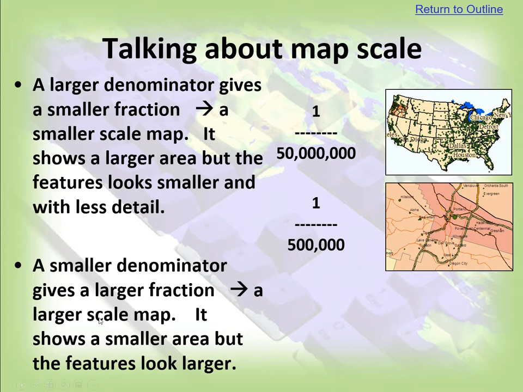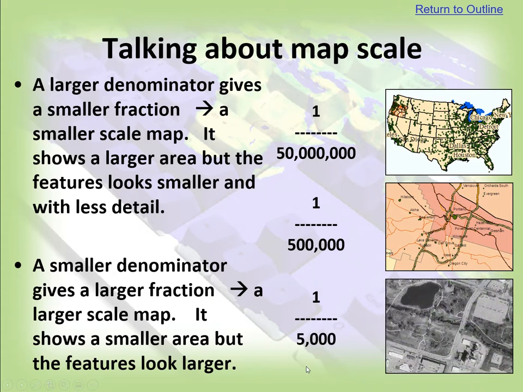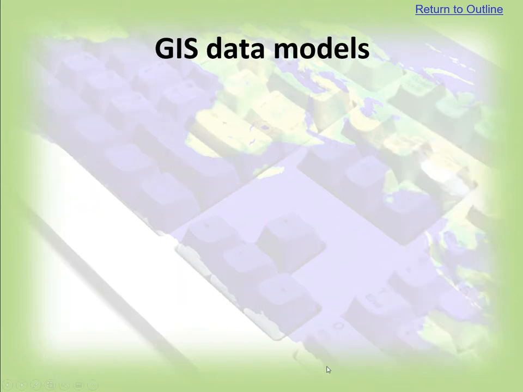And so that is a larger scale map. So this would be a larger scale map. It shows a smaller area, but the features are larger. So for example, 1 to 5,000 there. So you can really see a lot more detail in that one. Again, there's no line. It's not like, oh, at this number, suddenly you have a large or small scale. That doesn't exist. It's really more relative to each other.